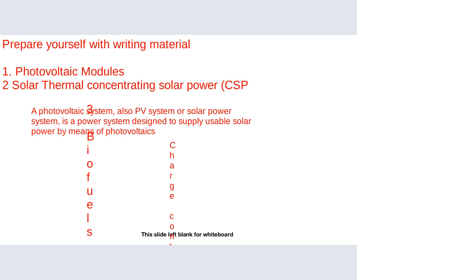So straight away we go and talk about these key components of the solar system, the PV system. We start with the charge controller. What are charge controllers? We've said they're also called charge regulators.